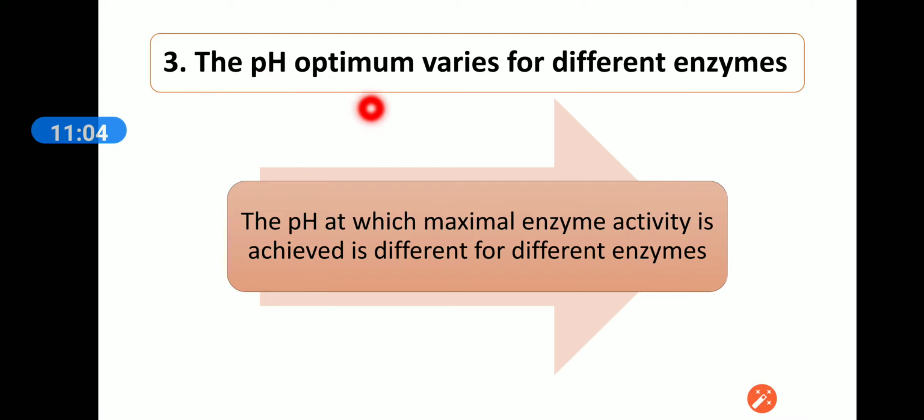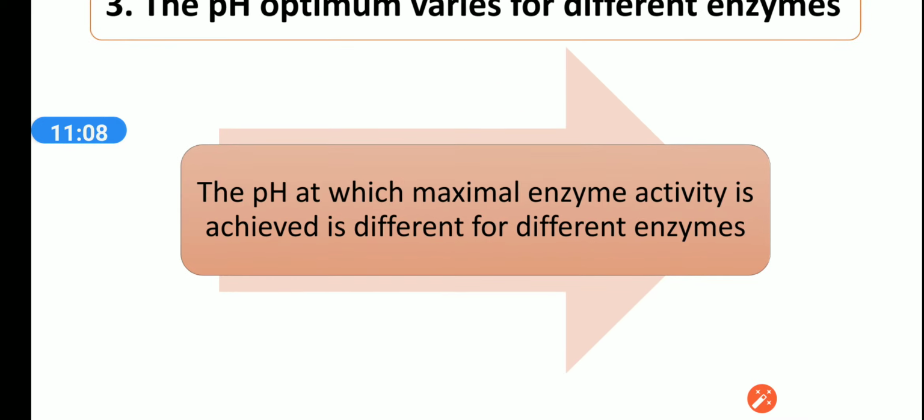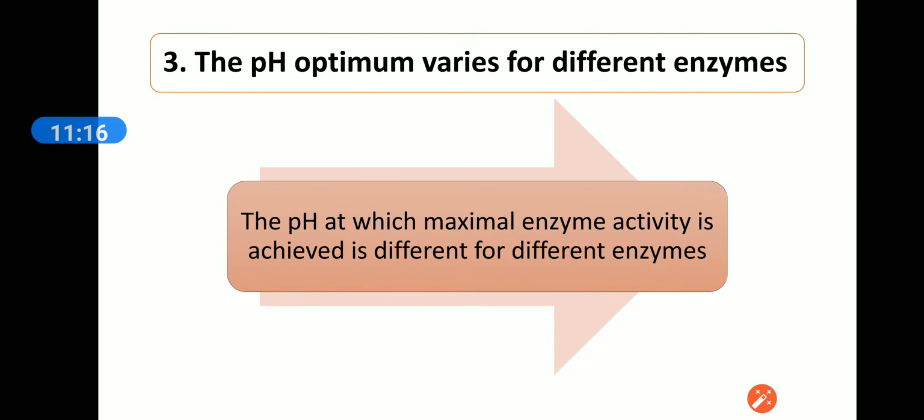The pH optimum varies for different enzymes. The pH at which maximal enzyme activity is achieved is different for different enzymes.